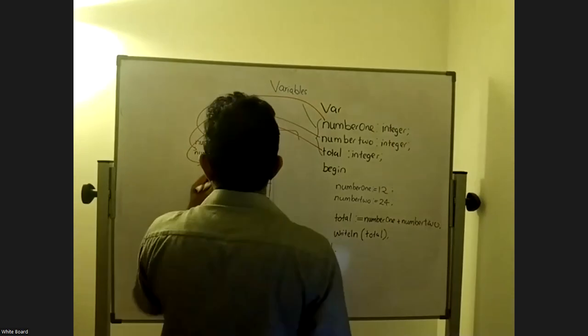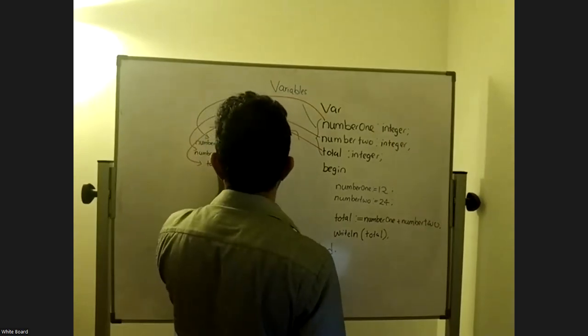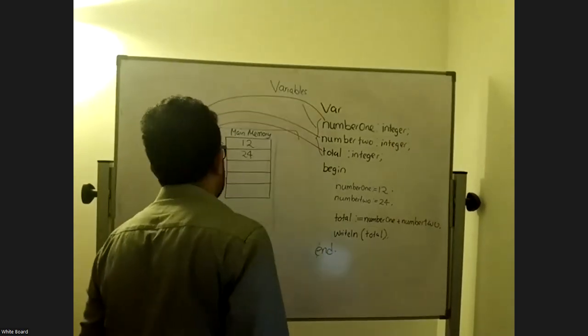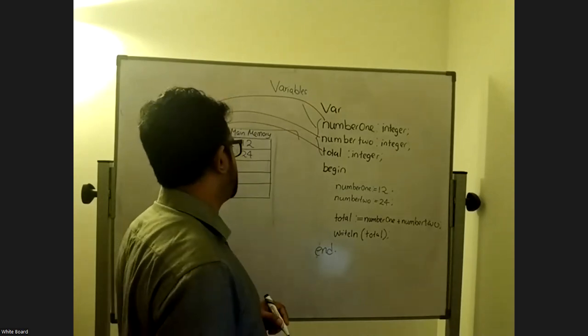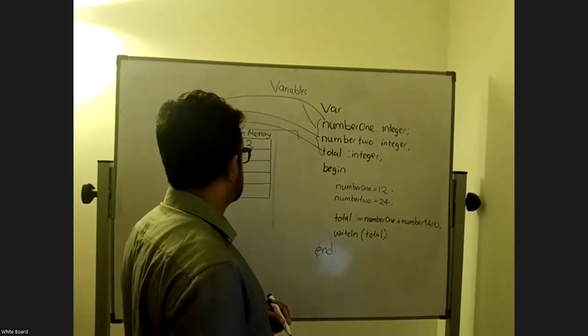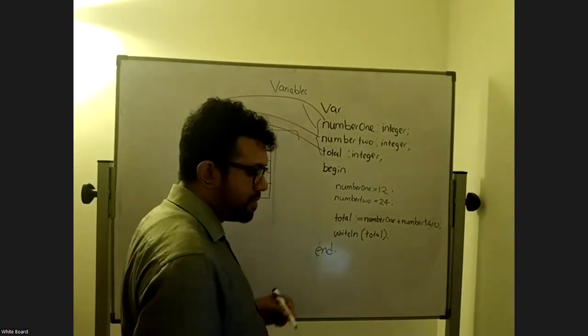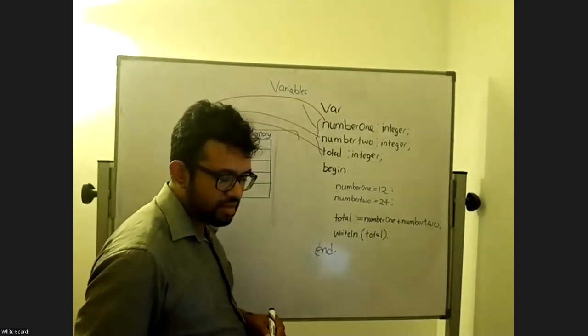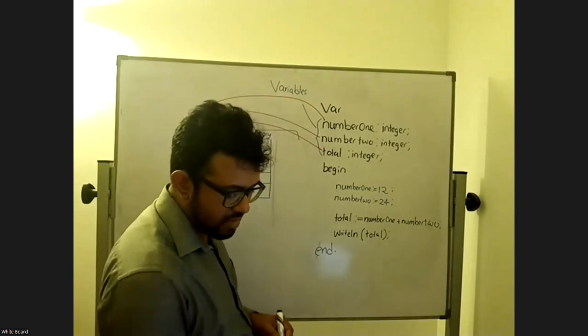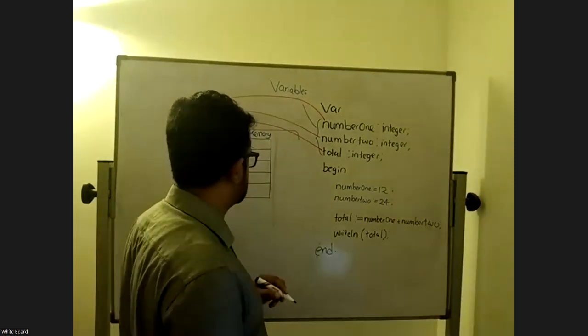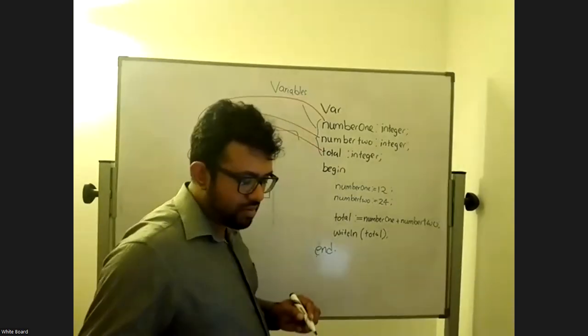The next one, number 2, is going to be 24. Right. So that also should be in binary. So I can write the binary values, but it will be too difficult for you to understand. So just remember these two are actually kept in binary form.